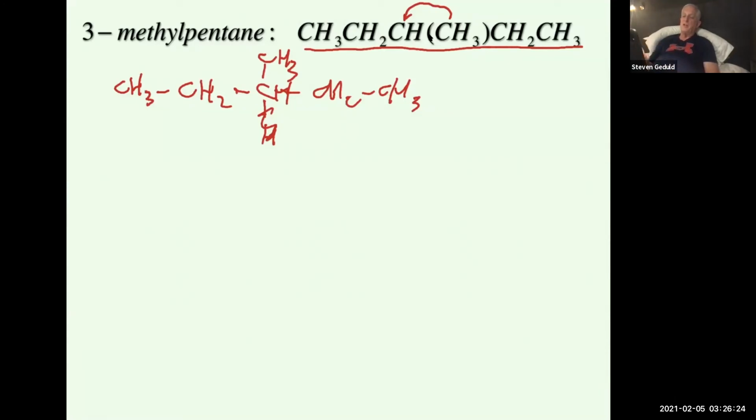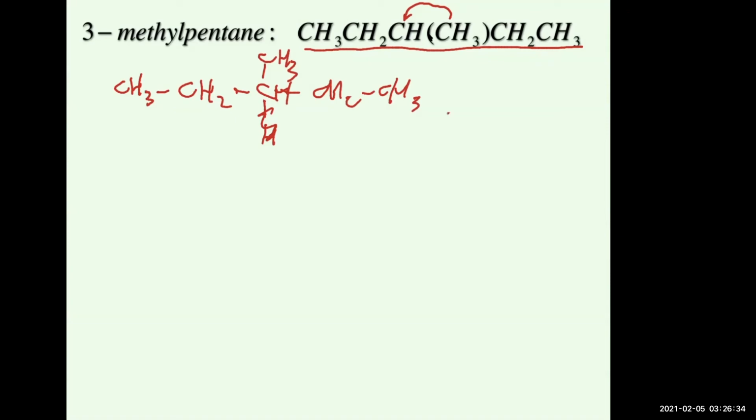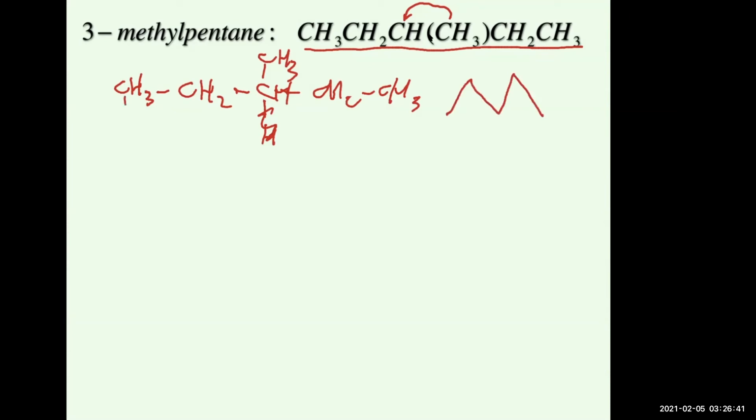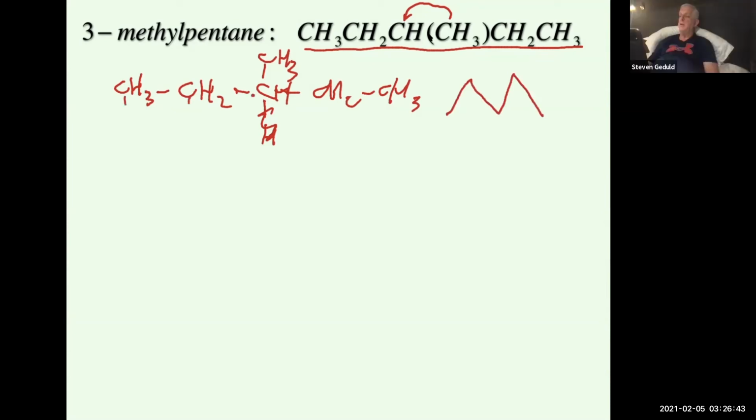And then to do the line structure, how many carbons in a straight line? 5. So 1, 2, 3, 4, 5. And then at the 3rd carbon, there's a CH3 group. That's the line structure.